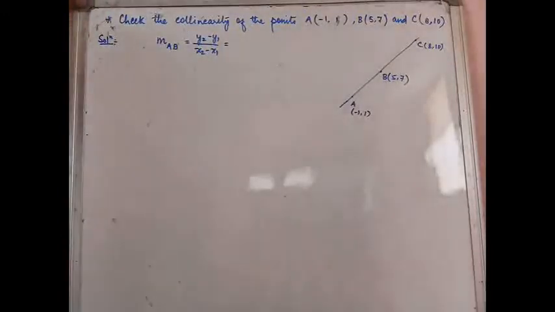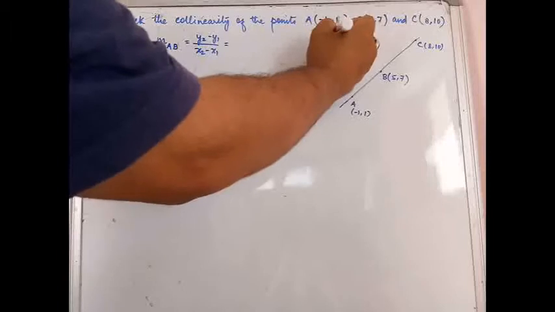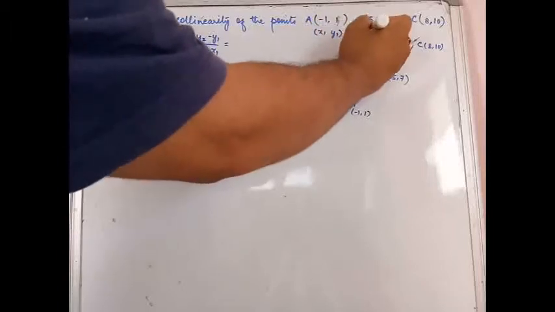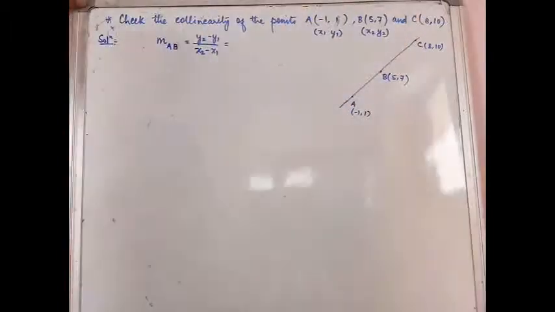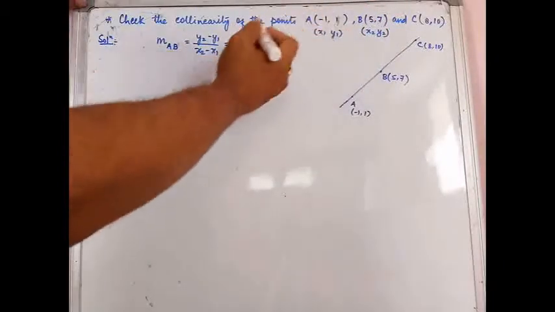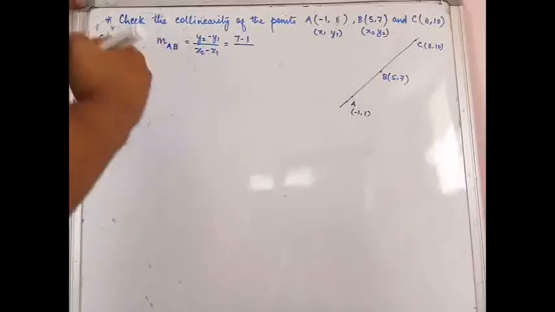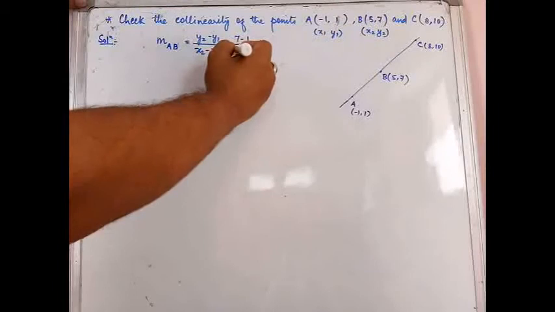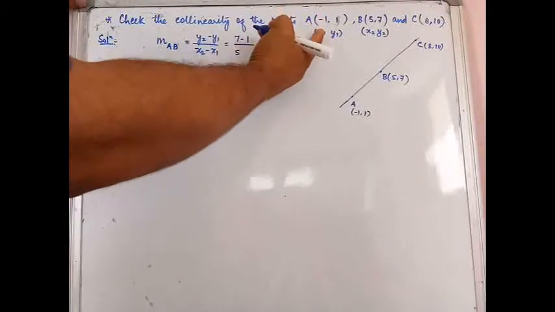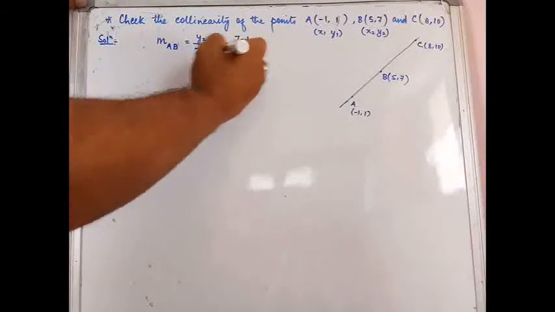Okay, so if you choose this to be x1 y1 and this point to be x2 y2, put the values: y2 minus y1, so it will be 7 minus 1 upon x2 minus x1. x2 is 5 minus x1 is minus 1, so minus of minus 1 will make it plus 1.